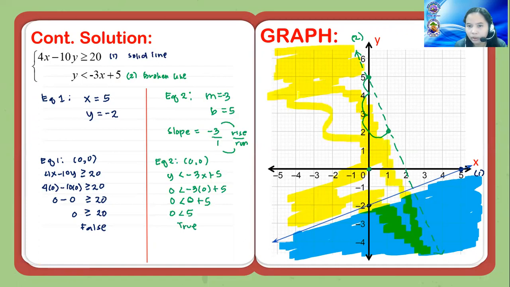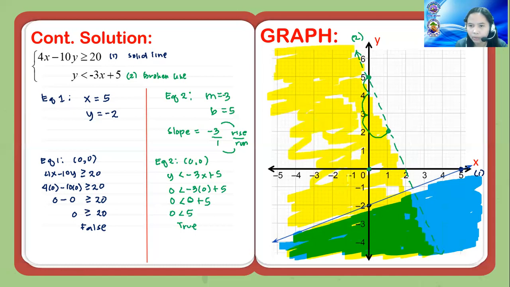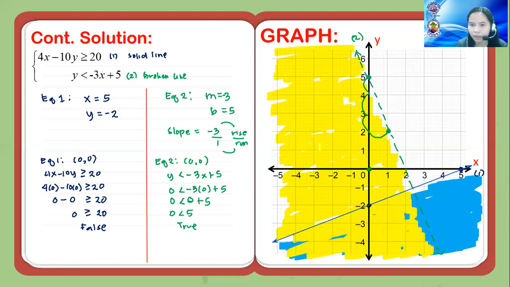I know it is somewhat time consuming, but we have to shade the part. And then we will see where the overlapping region is. And remember that the overlapping region is the solution set. Okay? So now, let us determine where the overlapping region is.